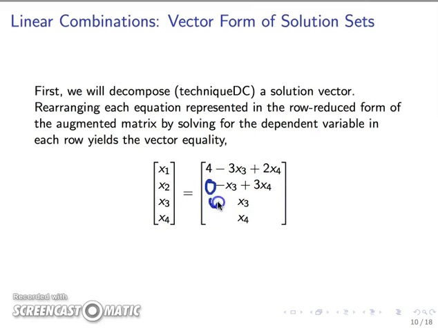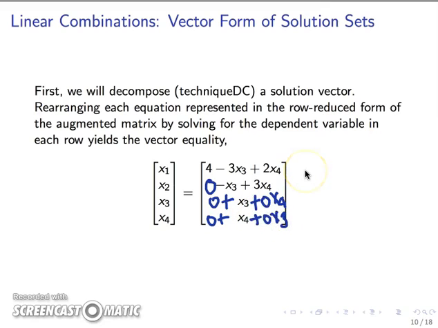We can think of this as 0 plus x3, in fact, 0 plus x3 plus 0x4. And this here is 0 plus 1x4 plus 0x3.